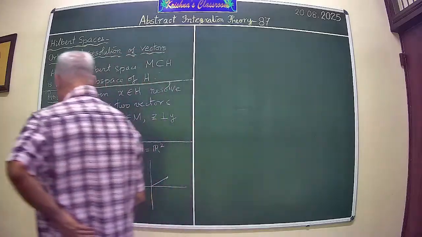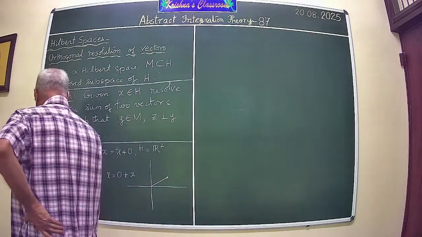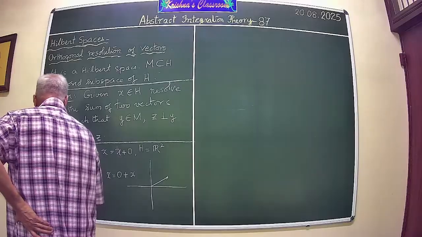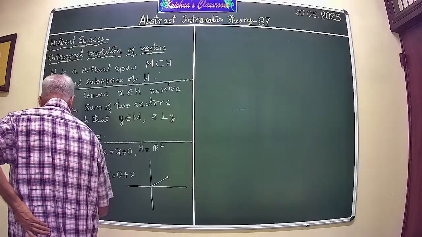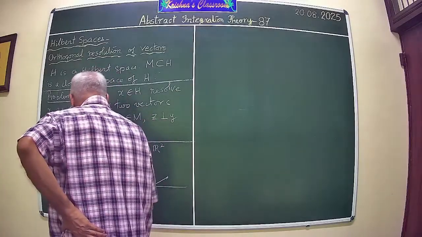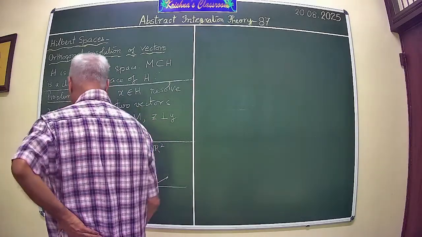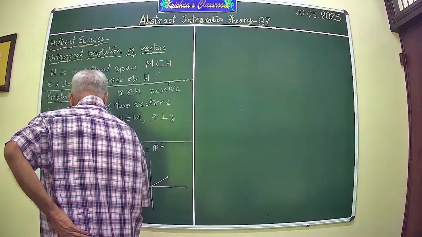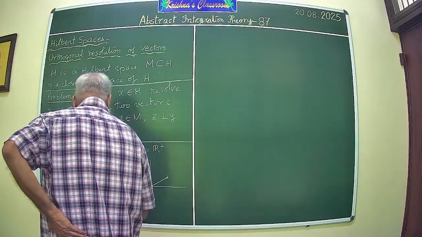Now 0 belongs to M, and X belongs to M orthogonal, and X is orthogonal to 0.